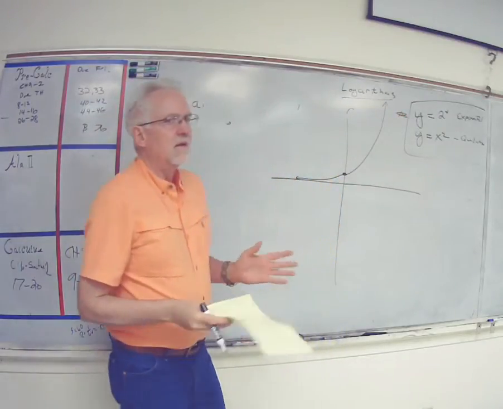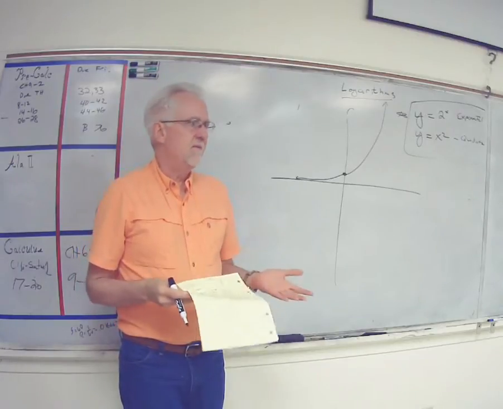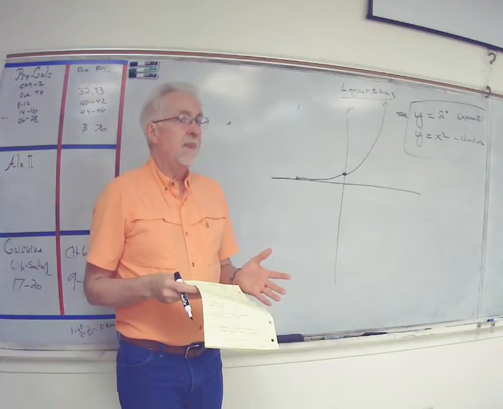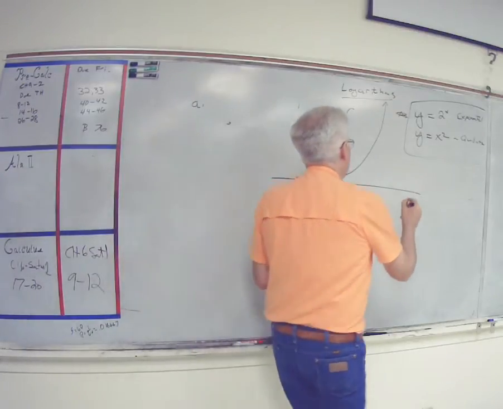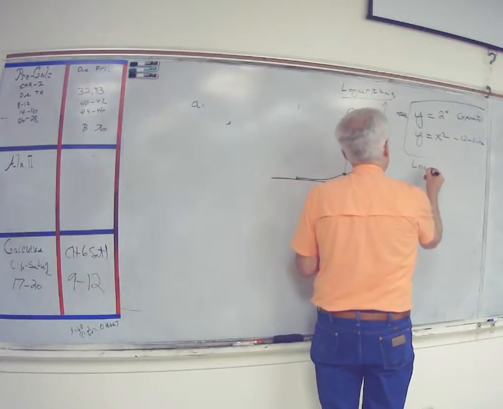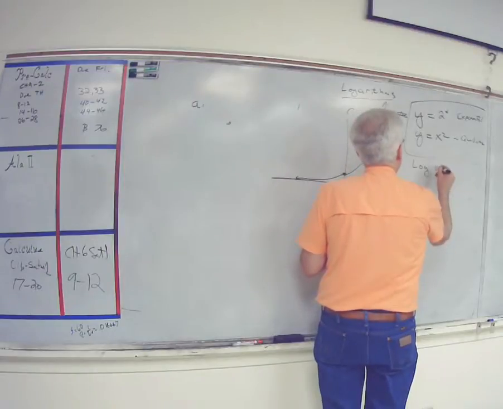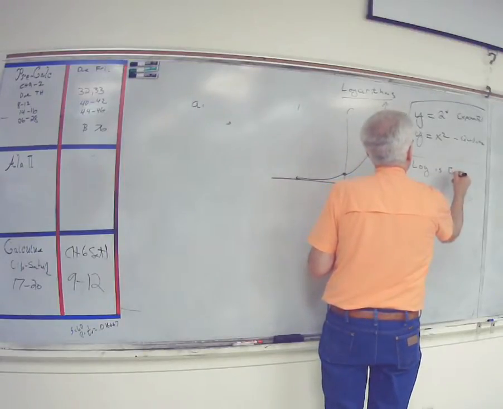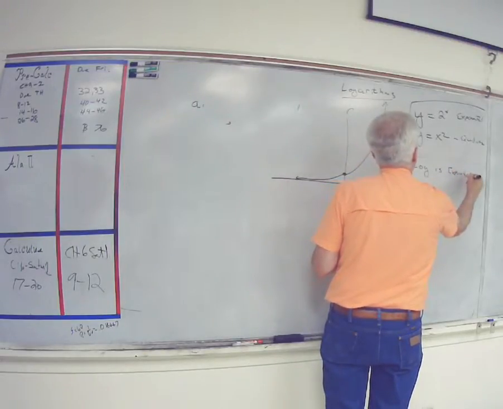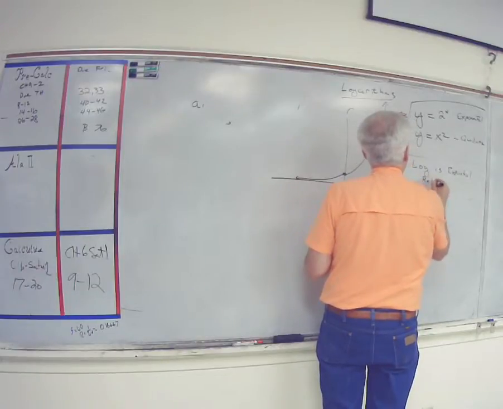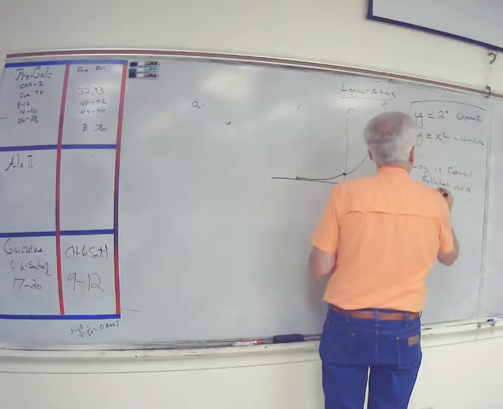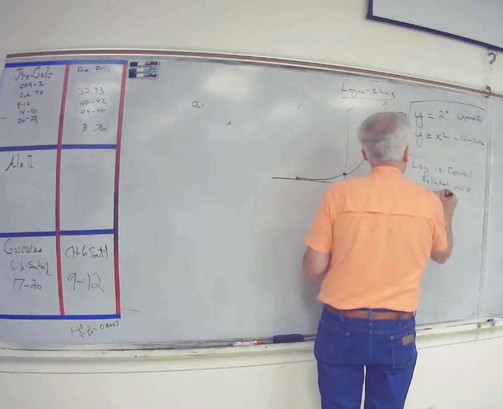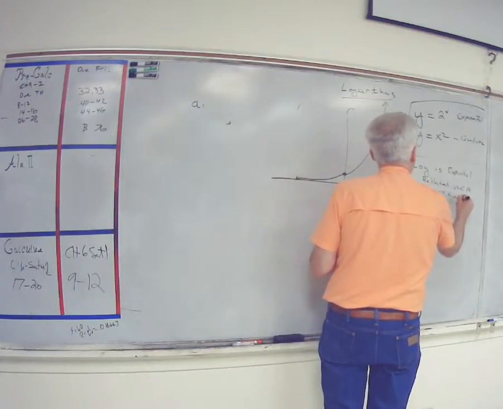And a logarithm is kind of like the inverse of an exponential. In fact, the way you can think of a logarithm is, log is an exponential reflected over the y equal x line, right?